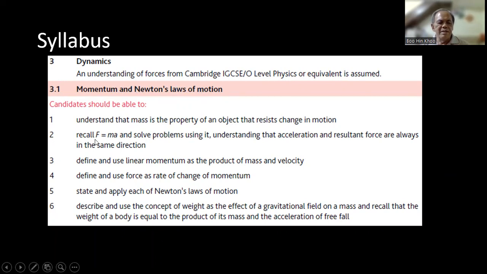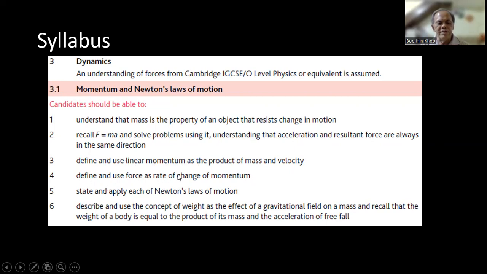Recall F equals ma and solve problems using it. Understand that acceleration and resultant force are always in the same direction. Acceleration and resultant force are in the same direction because they are both vectors. Mass is a scalar. Define and use linear momentum as the product of mass and velocity.